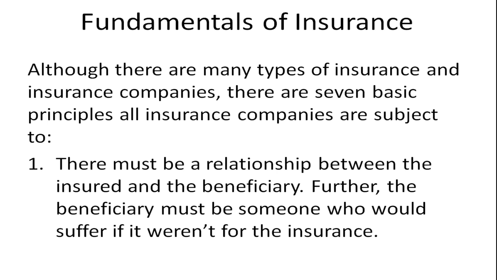So if you have a husband and a wife, and the wife passes away, the husband may have financial difficulties if it weren't for life insurance. So it's certainly acceptable for a spouse to have life insurance to protect the surviving spouse.